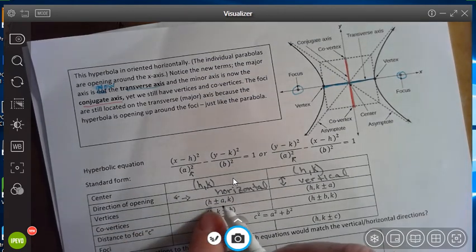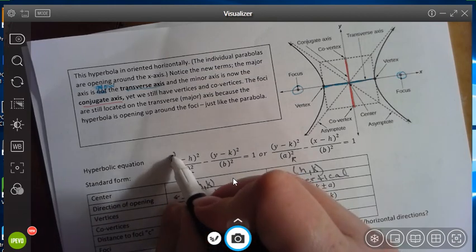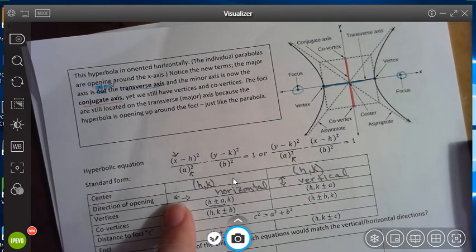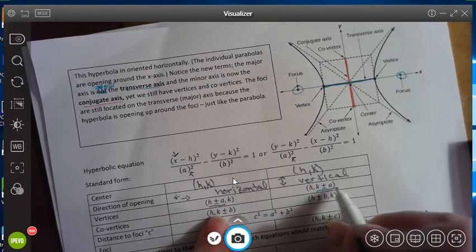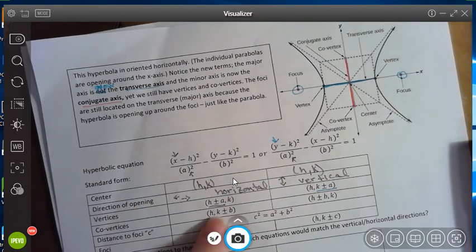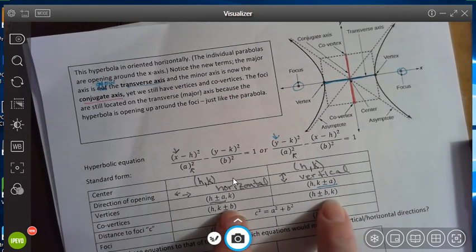All right, and then the vertices, notice it's the x that changes because it started with the x. Over here, it's the y that changes because it started with a y. Okay? Just keep that in mind.